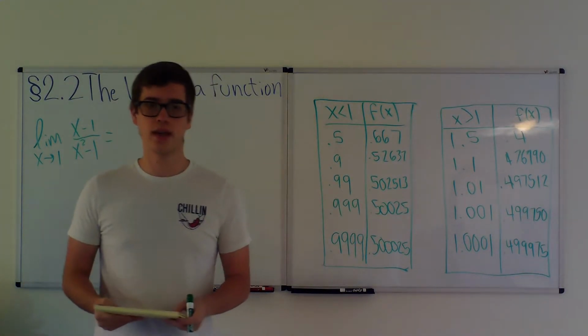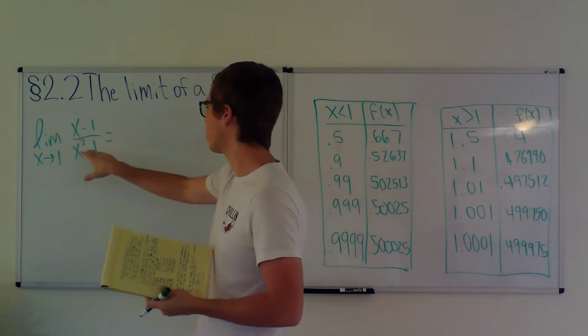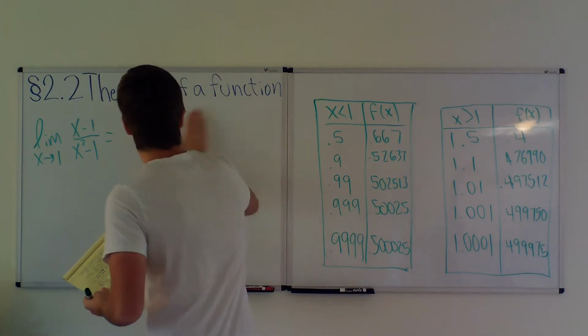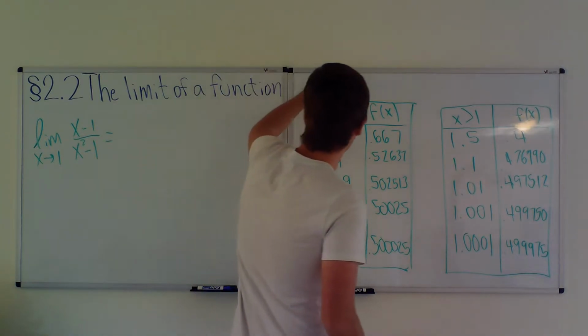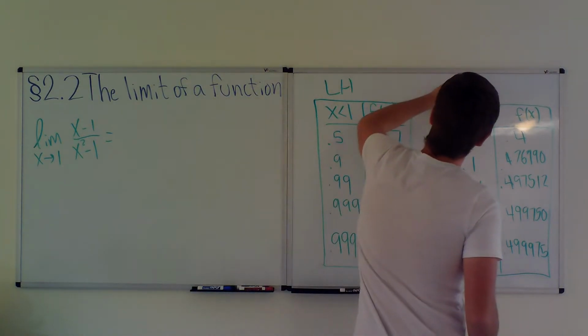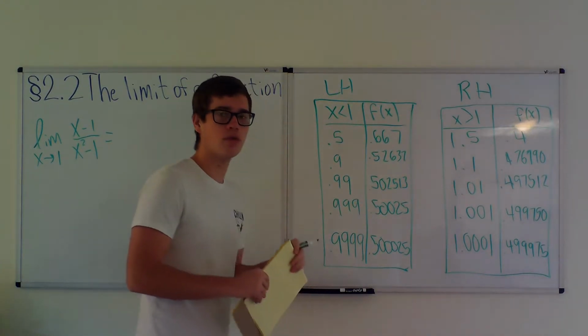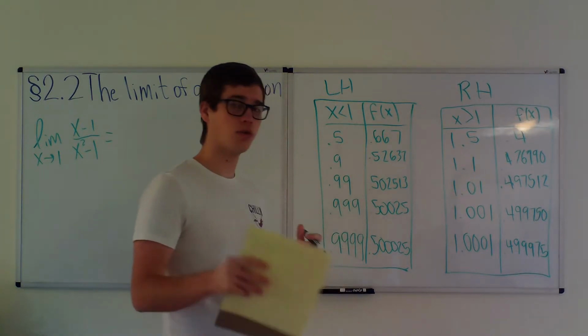So we have our limit as x approaches 1 of x minus 1 over x squared minus 1 is equal to what? Now we look at our tables. So we look at the left-hand side and the right-hand side. On the left-hand side, you just make numbers that are close to 1, and you keep getting closer and closer.